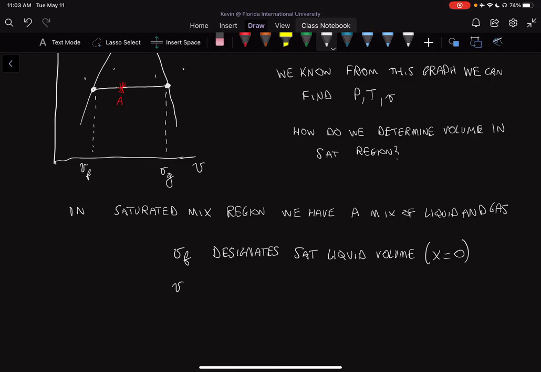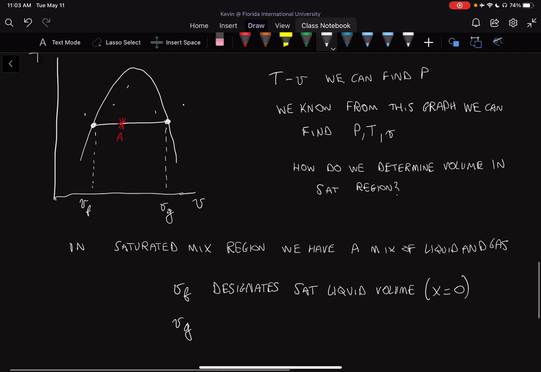Now, Vg is determined as the saturated vapor volume or gas. Okay, vapor and gas are the same thing. And here, x is equal to 1.